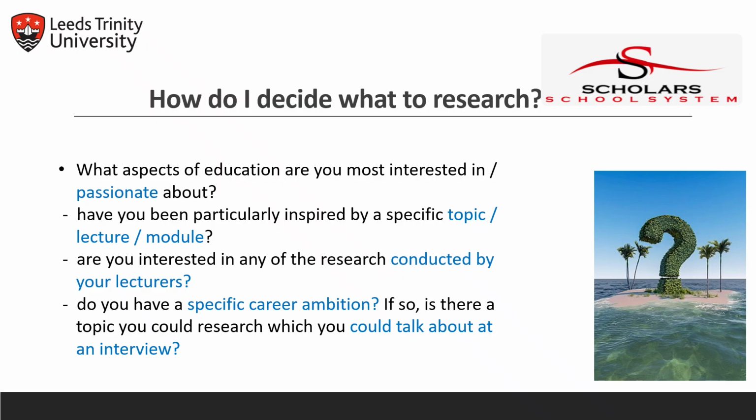The other possibility for the selection of a research topic may be specific career ambitions. That means the student wants to continue their career in that field in the future. For example, you can say the effect of social media on mental health.